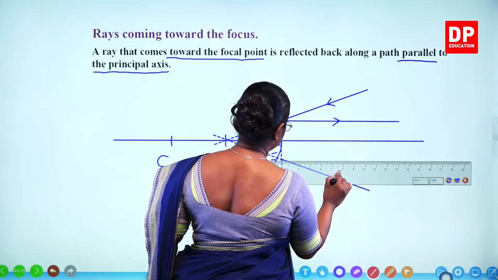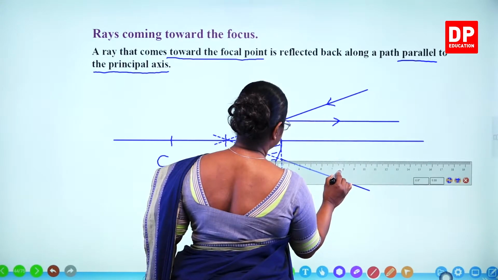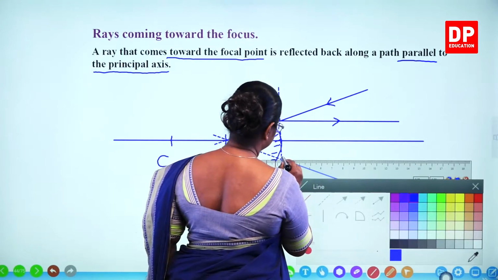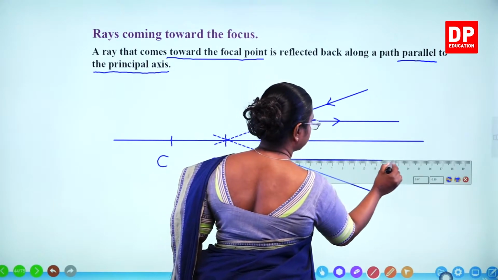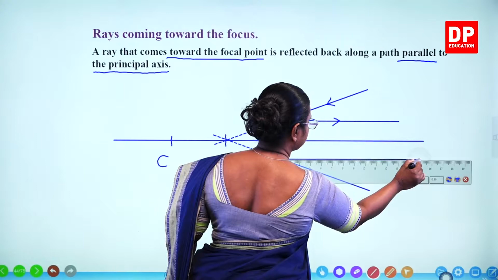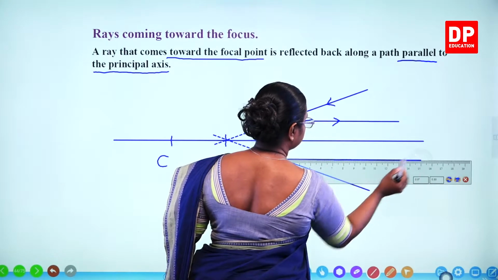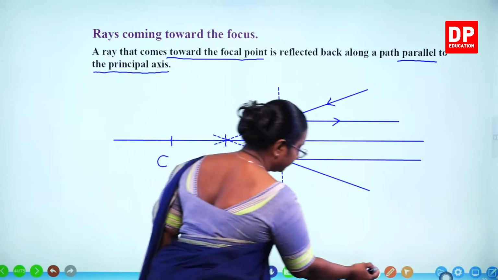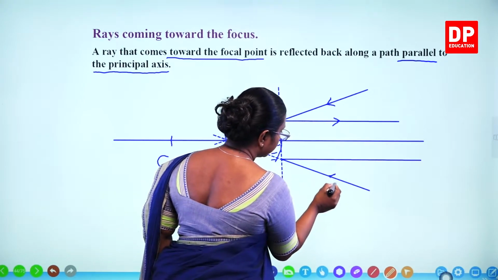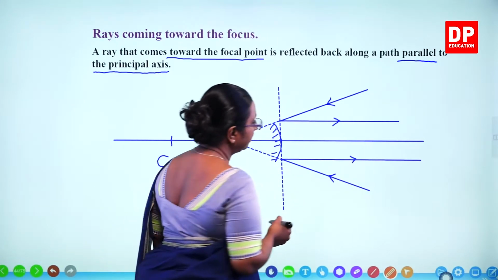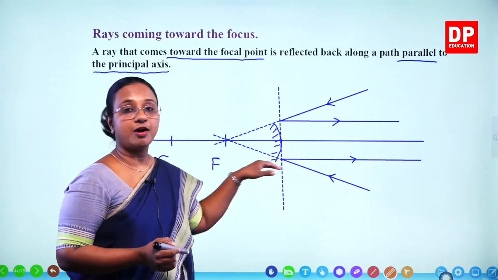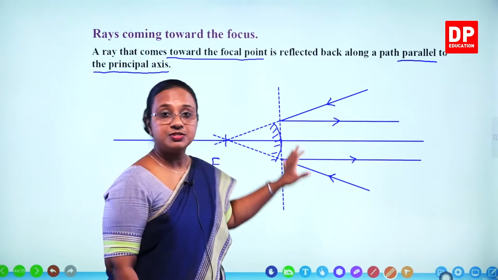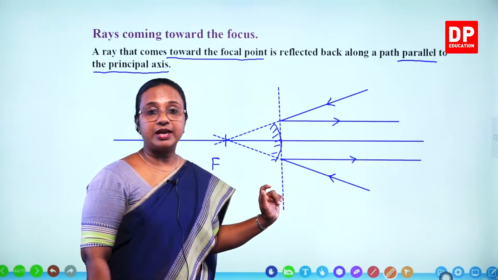Parallel to the principal axis. So that will be the ray that is coming parallelly but from below the principal axis. So here students, you can see two rays.